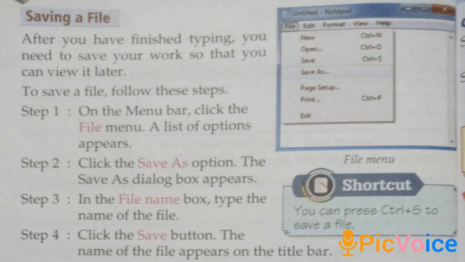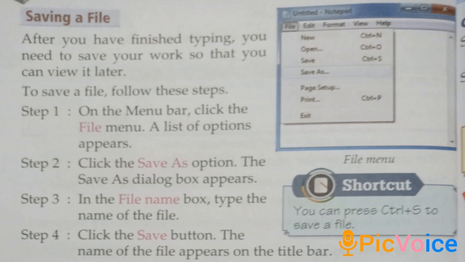In step 1, we click on the File menu on the menu bar, and a list of options appears. And in step 2, from the list of options, click on the Save As option, and the Save As dialog box appears.